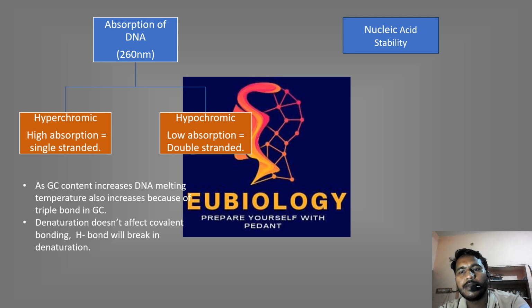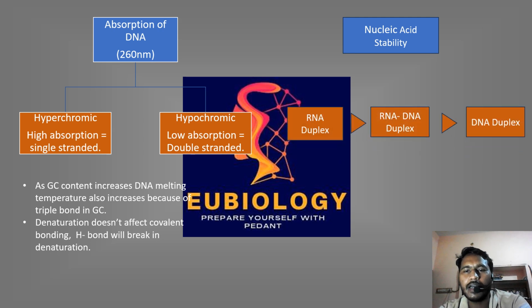Now nucleic acid stability depends first upon the GC content, and second, if we talk about RNA and DNA, which will be more stable? Can you please comment in your chat box? Before seeing the correct answer, we can find out whether you are correct or wrong.